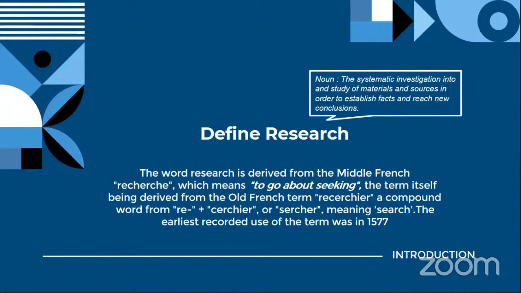If I take you back to where this term came from, the word research is derived from the Middle French rechercher, which means to go about seeking or searching for information. The term itself is derived from the Old French term rechercheur, a compound word which combines re plus chercheur, or a searcher, meaning search.